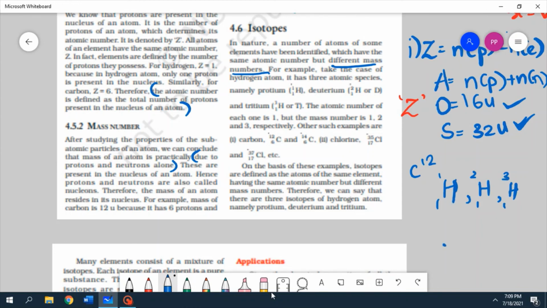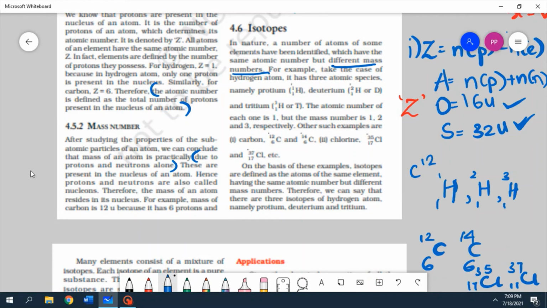For carbon it is C-12 and C-14. For chlorine it is 35 and 37. And then there's more for oxygen and many other elements, but these are the examples that they have given here.